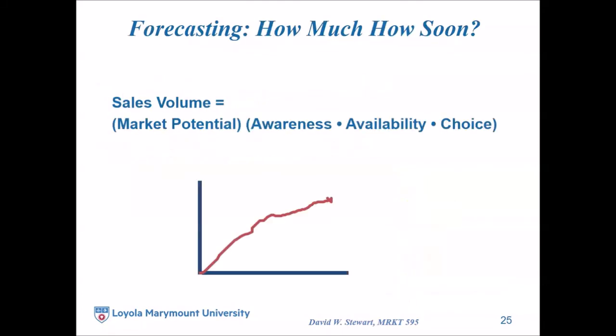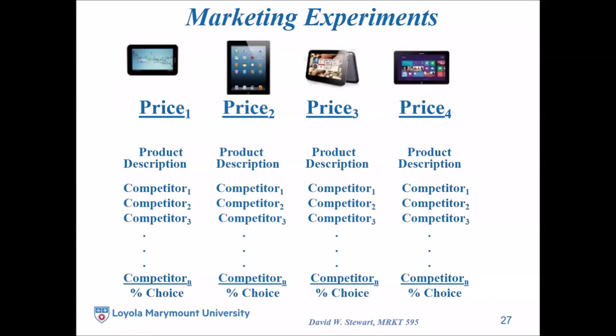But let me give you an example. Here's a classic experiment. By the way, if you want to know about optimal pricing, this is really the only way you can do it, is with an experiment. Here's how we would arrange it. We would have a product. By the way, my products all look different, but the description should be the same.